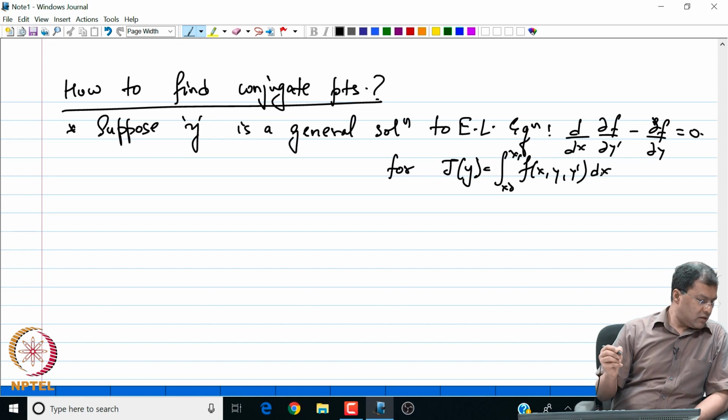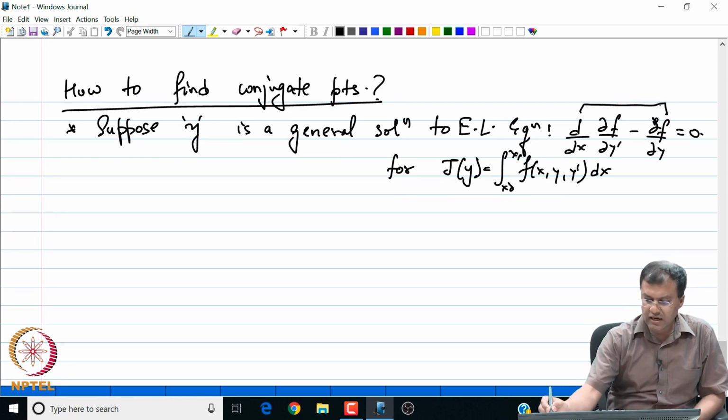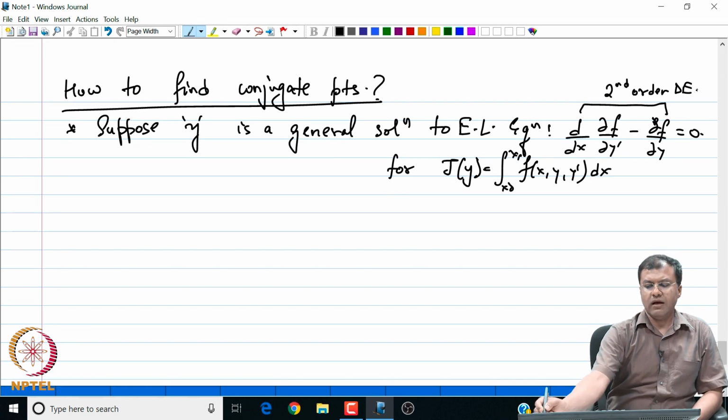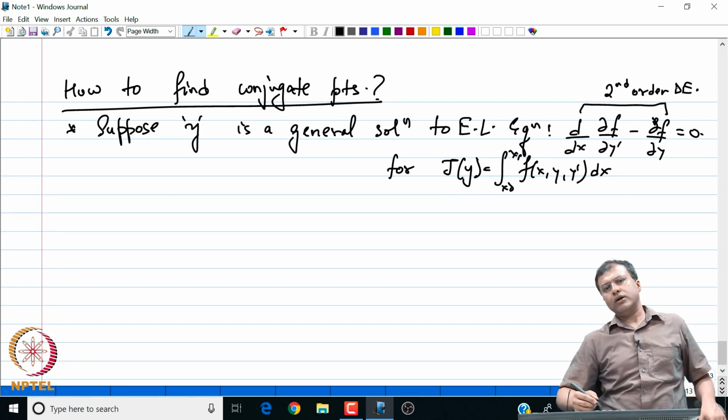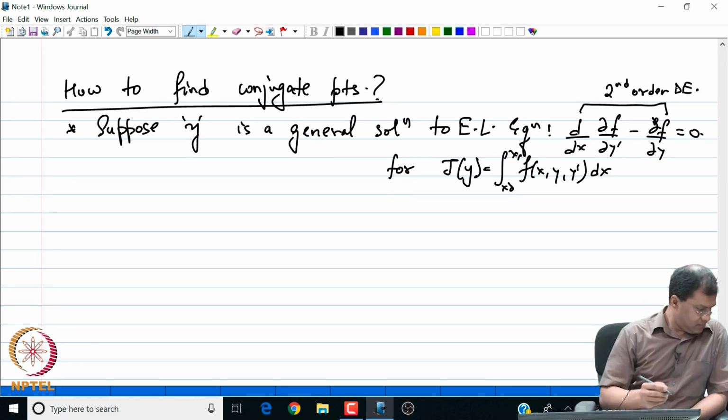Then I know that this Euler-Lagrange equation in general is a second order differential equation, so we expect that we are going to get two linearly independent solutions in general.